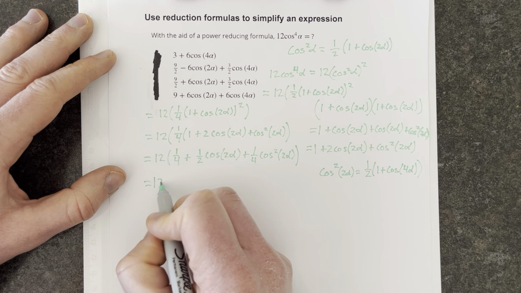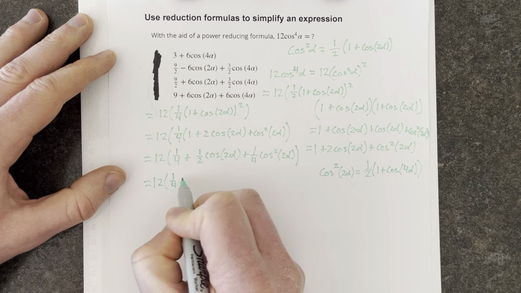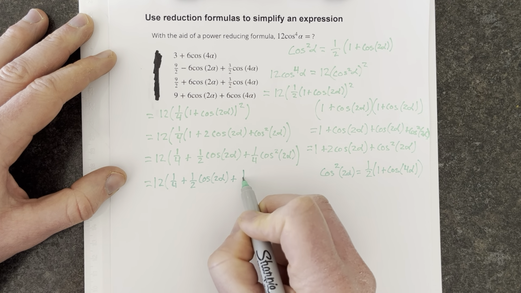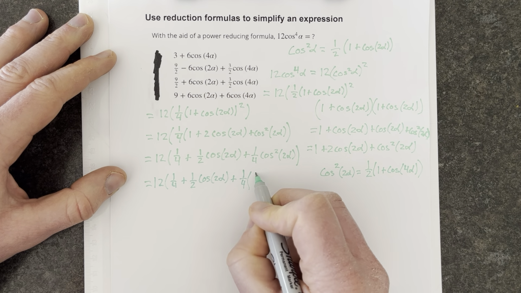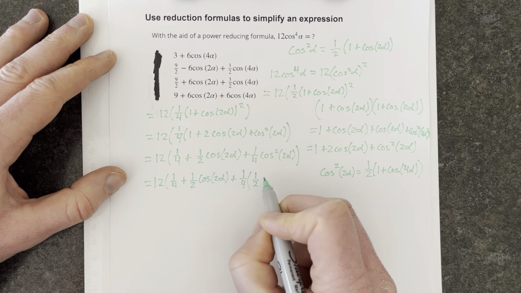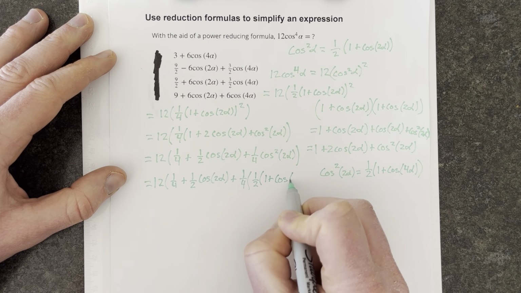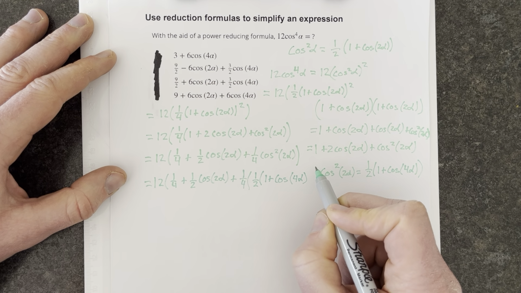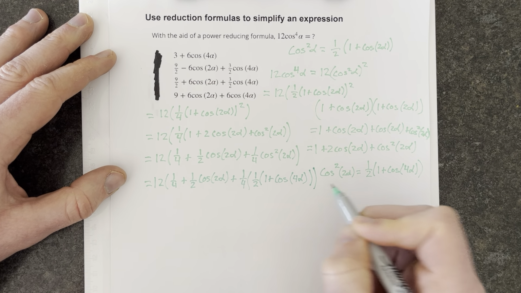So I end up with 12 times 1/4 plus 1/2 cosine 2 alpha, plus 1/4 times 1/2 times 1 plus cosine 4 alpha. Got a few sets of parentheses there.